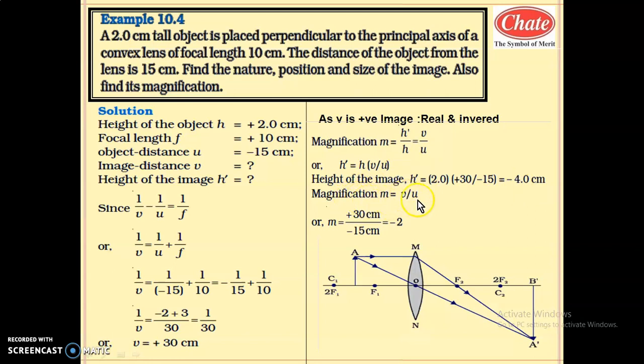Magnification is V by U. V value is 30 and U value is minus 15. So magnification will be negative, which means the image is inverted, matching real and inverted. Calculation of this will give 2, so magnification will be minus 2.